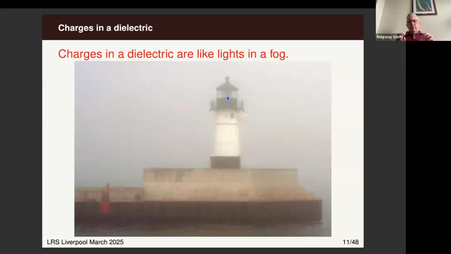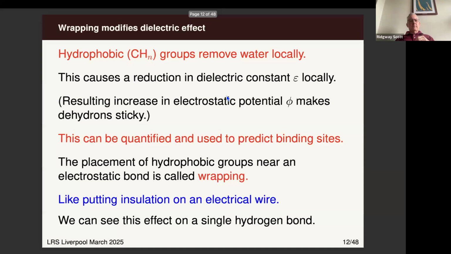So here's our situation. We've got these charged side chains. They're like lights in the distance, and they're surrounded by water, and that's the dielectric. But as can happen with the fog, things can happen to remove the fog locally. In our case, we're looking for things which remove water. A hydrophobic group would be able to remove the fog.